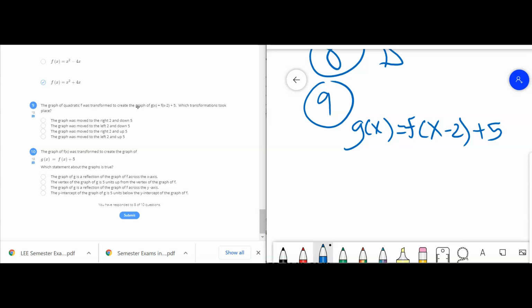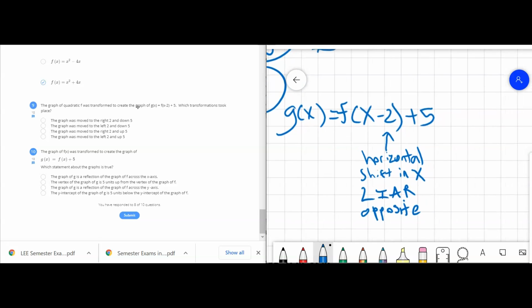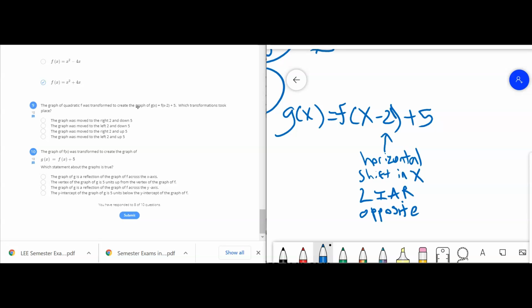Now, this number right here is horizontal. It's a shift in x, and it's a liar. Or the other way to think about it is it's opposite. You may have heard that before in Algebra 1, that insiders lie. Inside the parentheses, like right here, it's a liar. It's opposite.